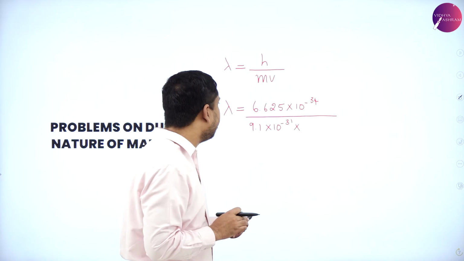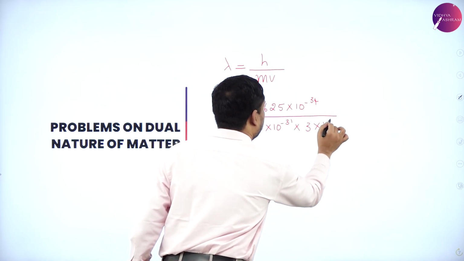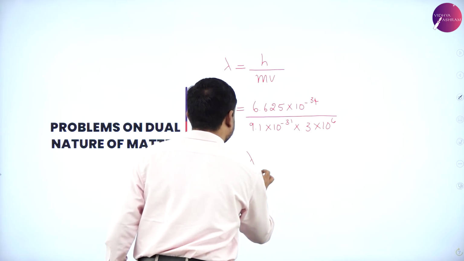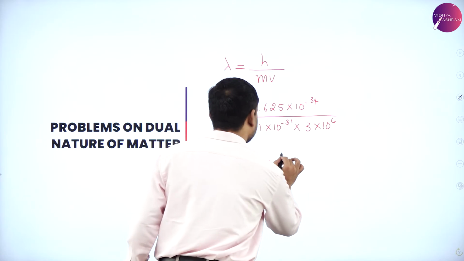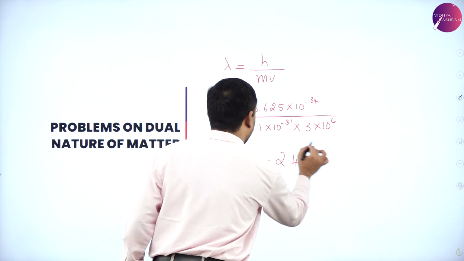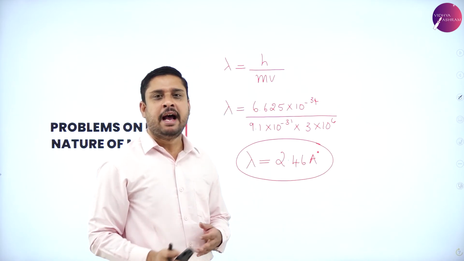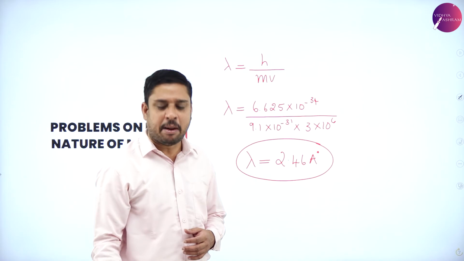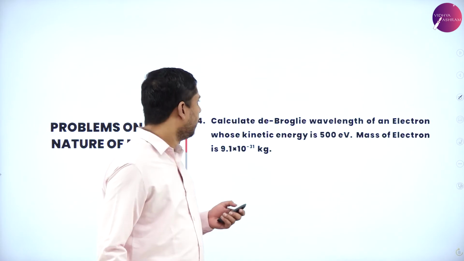So 3 into 10 power 6. So on simplification, lambda turns out to be 2.46 angstrom. Again, using a basic formula, I have calculated lambda, which is de Broglie wavelength.